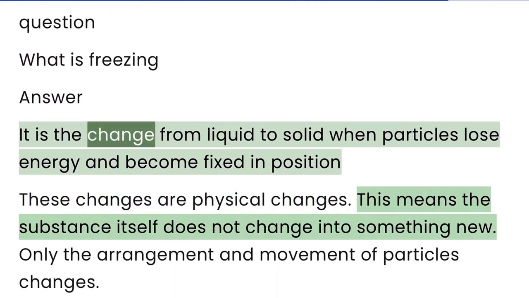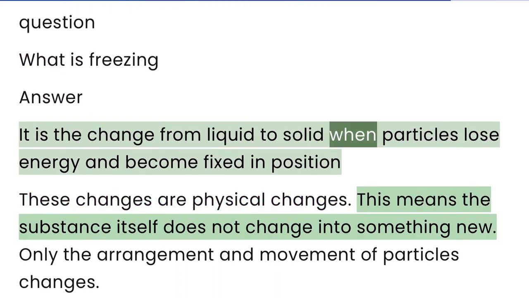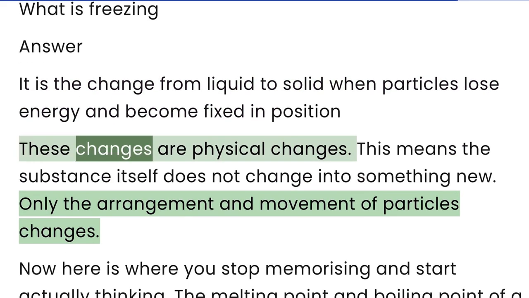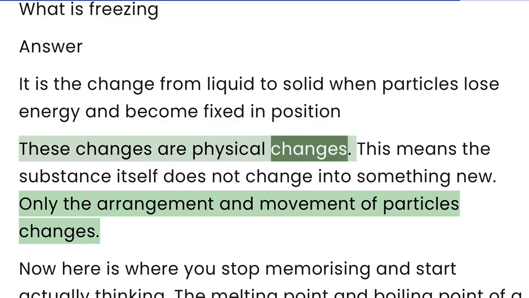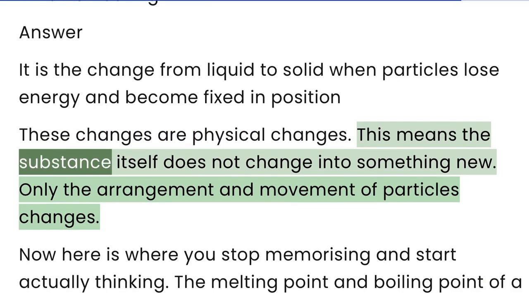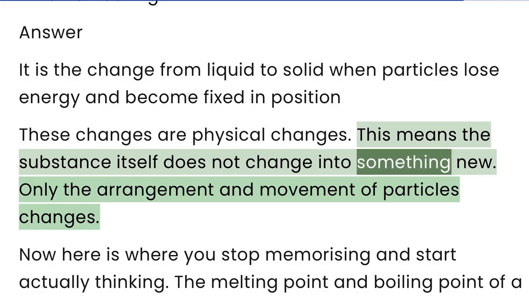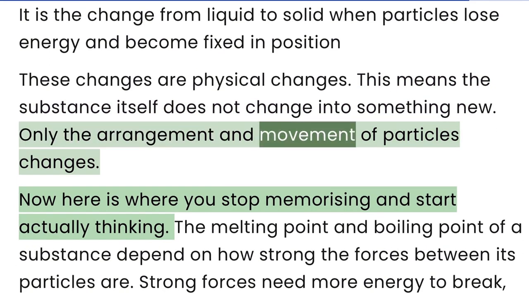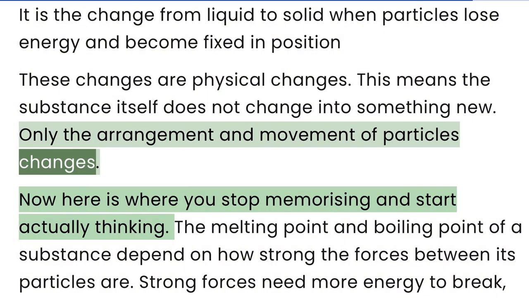It is the change from liquid to solid when particles lose energy and become fixed in position. These changes are physical changes. This means the substance itself does not change into something new. Only the arrangement and movement of particles changes.